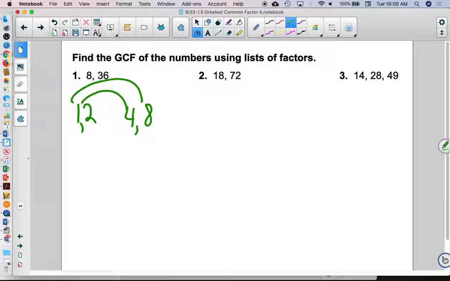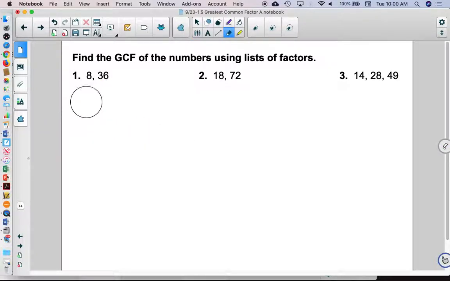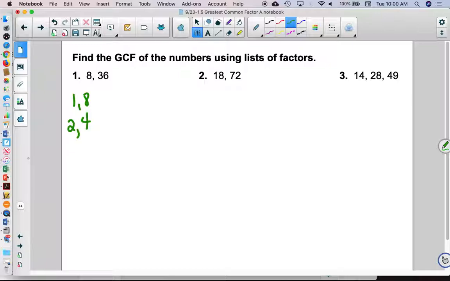They call it the rainbows. That's fine if that's the way you want to do your list, as long as you match them all up. Me, I just go 1 and 8, 2 and 4. I'm done there.